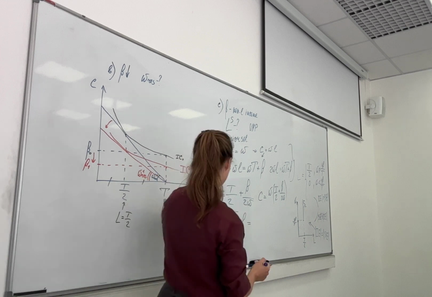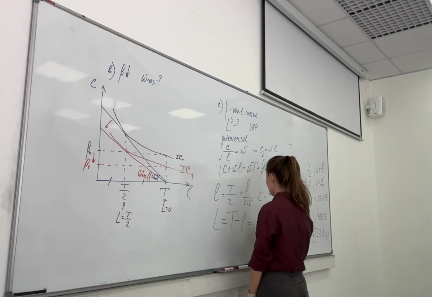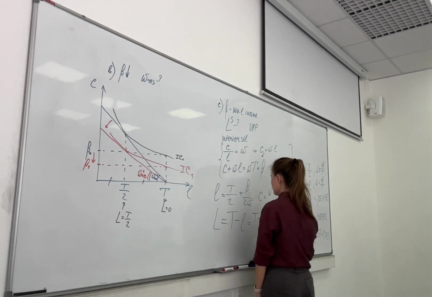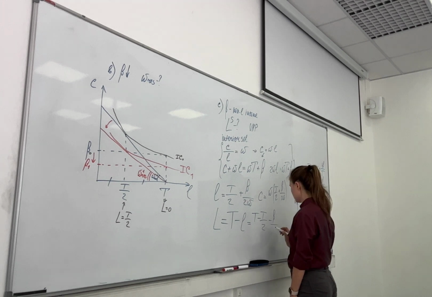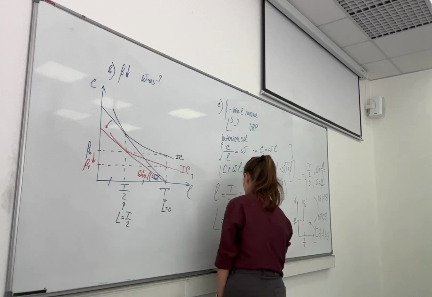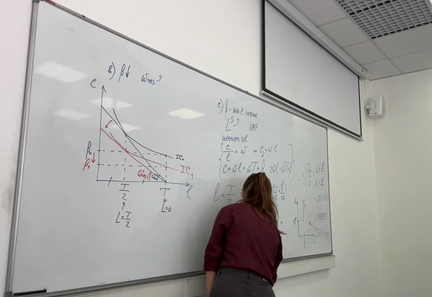That's fine. Time minus time over 2 minus beta over 2 wages. And this is time over 2 minus beta over 2 wages.